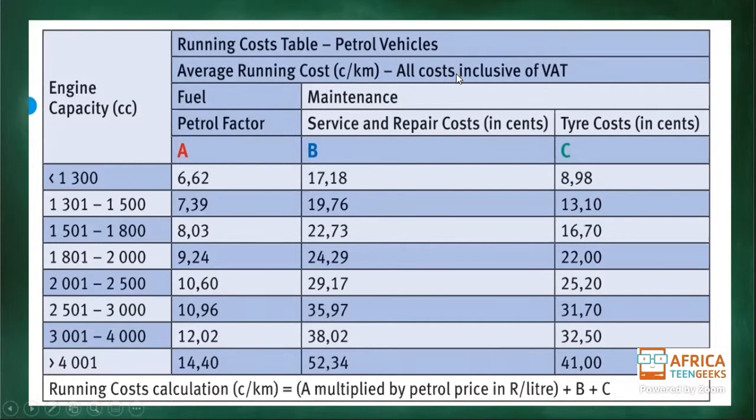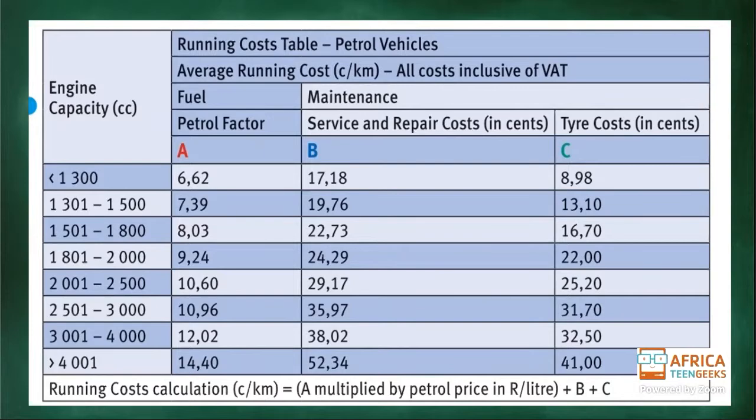Remember, these costs include the VAT. So we say that all costs are inclusive of VAT. So remember the VAT, which is calculated at 15%, must be paid. You know that tax has to be paid throughout, and in this case, VAT is the relevant tax that is going to be charged.